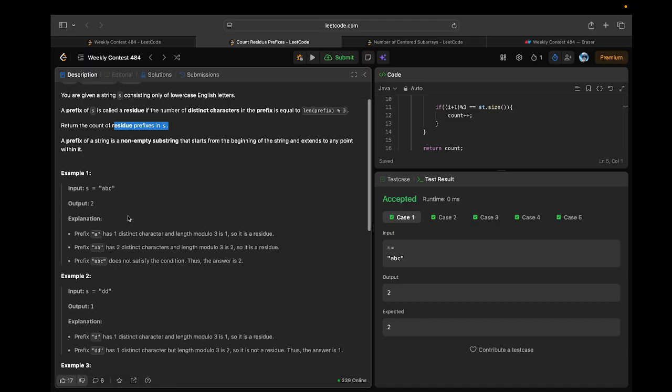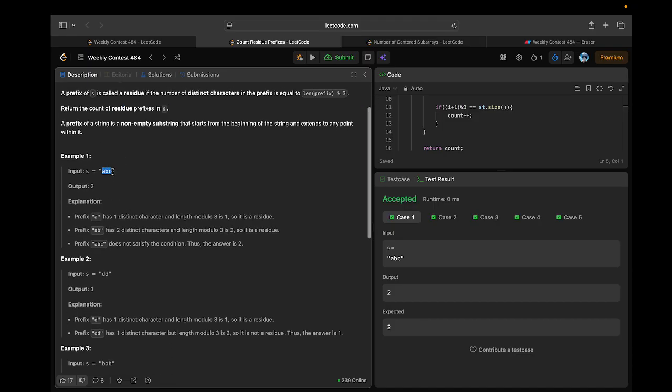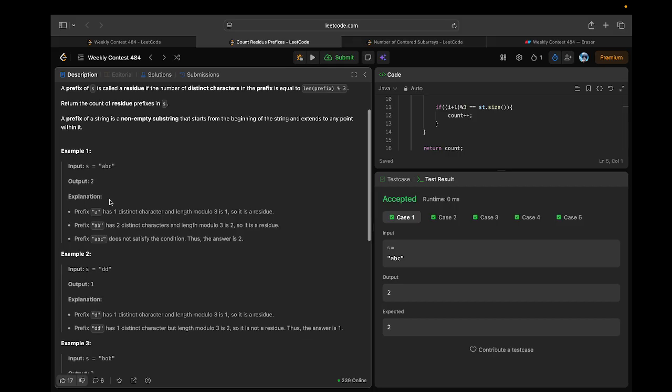Okay, let's see the example. If the given string is ABC, then how many possible prefixes are there? There are two residue prefixes, right? So how? If we only consider A, it has one distinct character, and if we take 1 mod 3, it will be 1, which is equal to what they are asking.